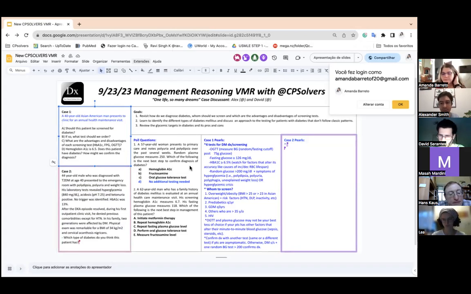So while you're thinking of it, I'll review shortly the types of diabetes. We know there's type 1 diabetes, which is about 5-10% of patients with diabetes, and this is due to the destruction of pancreatic beta cells, and there are different subtypes in type 1.